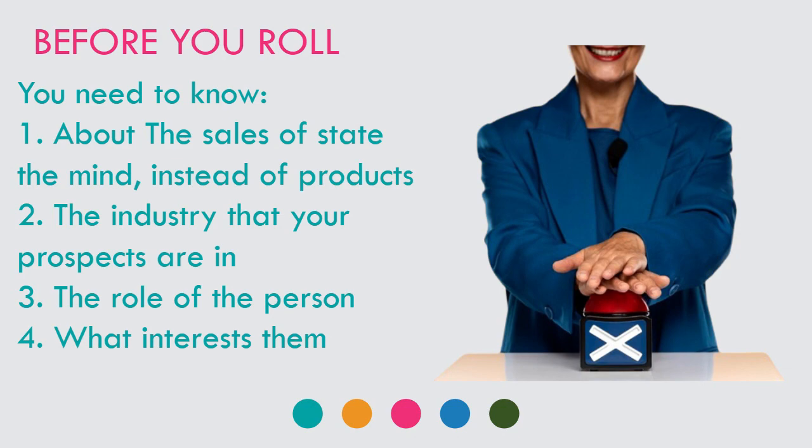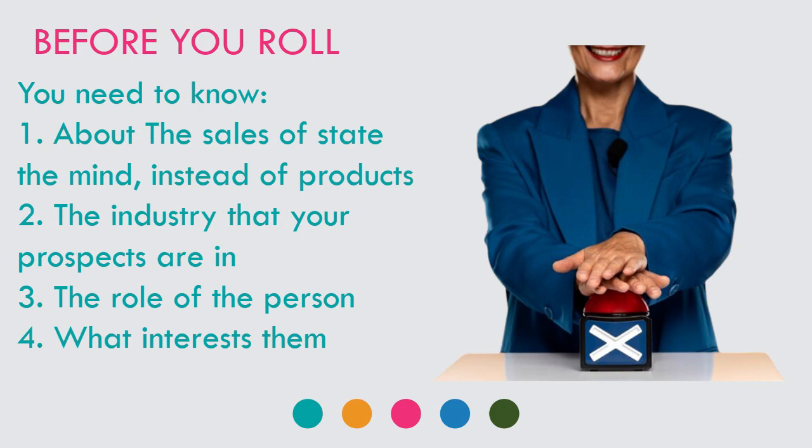So avoid spending the bulk of your time trying to sell what you think the clients need. 90% of the time, people do not buy what they need, they buy what they want. And oftentimes, it is not what you want to offer them, it is what they want. So you have to sell state of mind instead of your product.